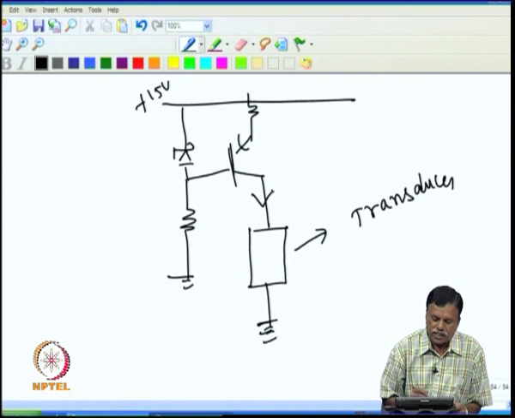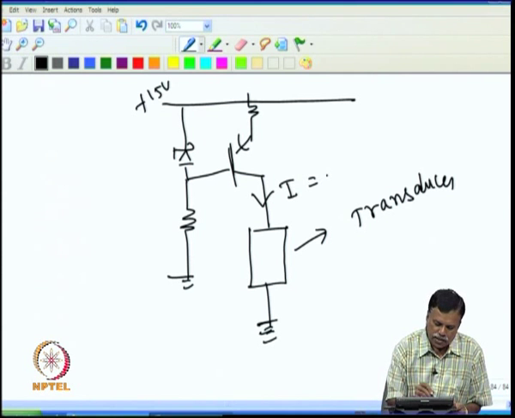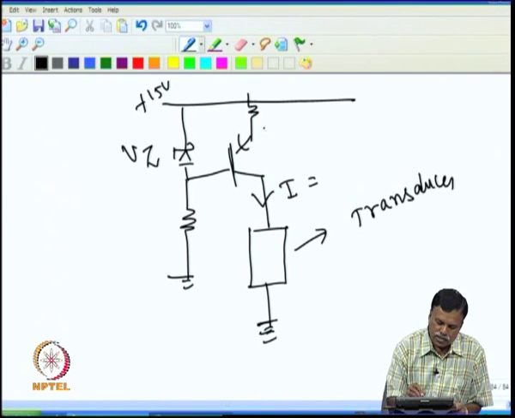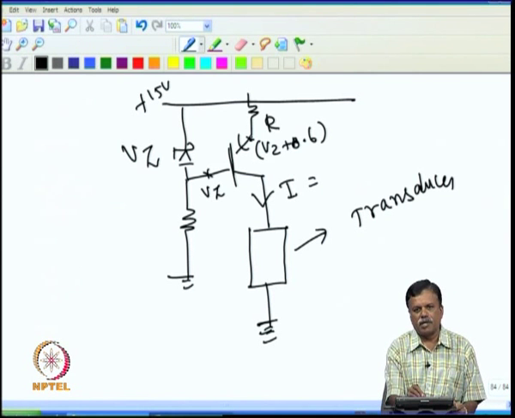Essentially, there is a current flowing through this transducer. This I is nothing but Vz over R. This voltage has to be higher than Vz by 0.6.